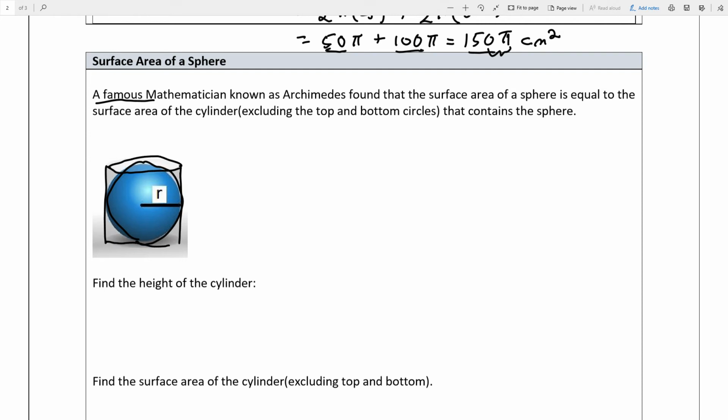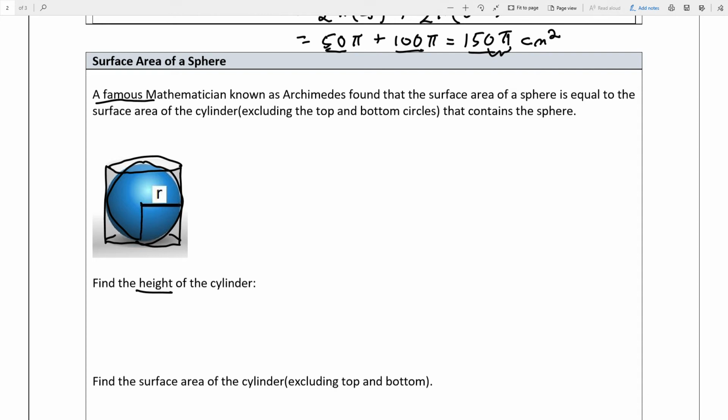So let's follow these steps below to find the surface area of the cylinder first, and then using that we get the surface area of the sphere. So first we need to find the height of the cylinder. The height is not given, but we can deduce that the height is going to be 2r.